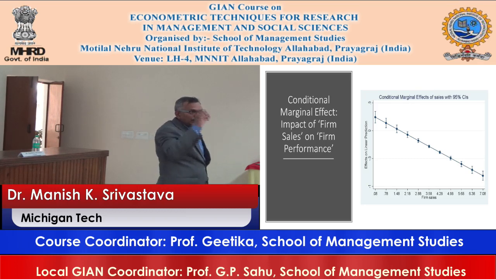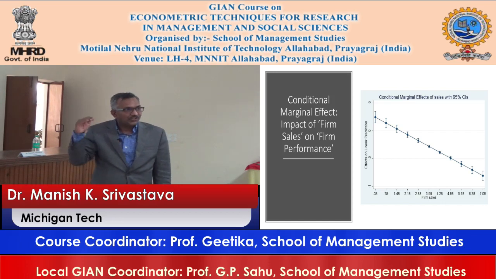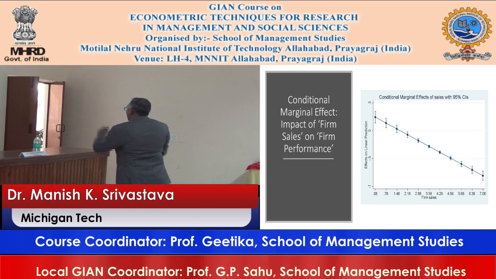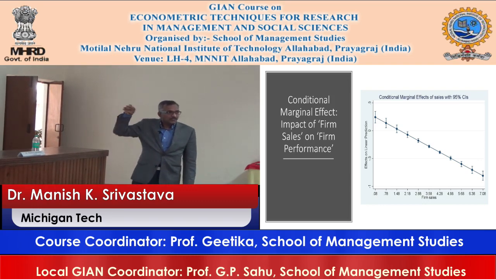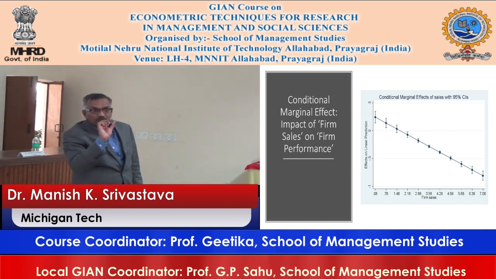It is coming down, so it is looking at each value, how fast it is changing. Okay? And you can see that it is declining, and early on the value is more. So it is giving you, at each point, what happens if the sales value changes slightly.